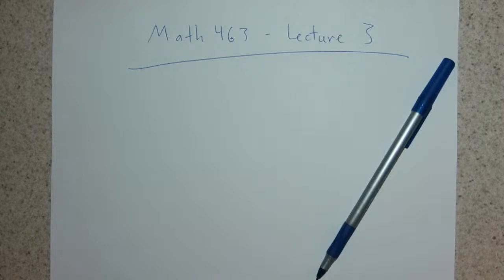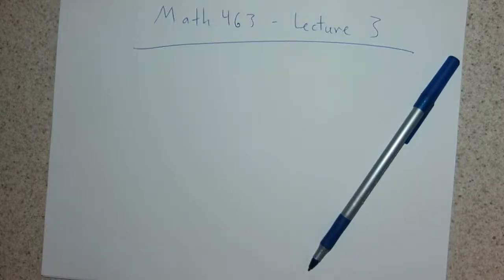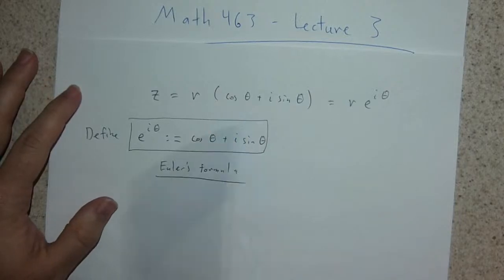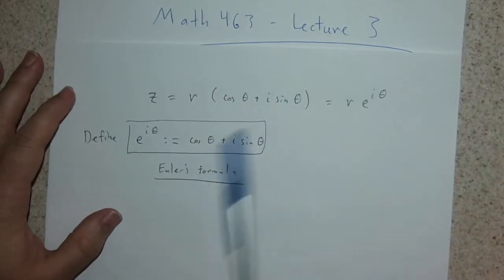Where I left off yesterday, let me grab my last sheet. So this was the last thing that I wrote yesterday, which was to put a complex number into polar form using polar coordinates, if you like.